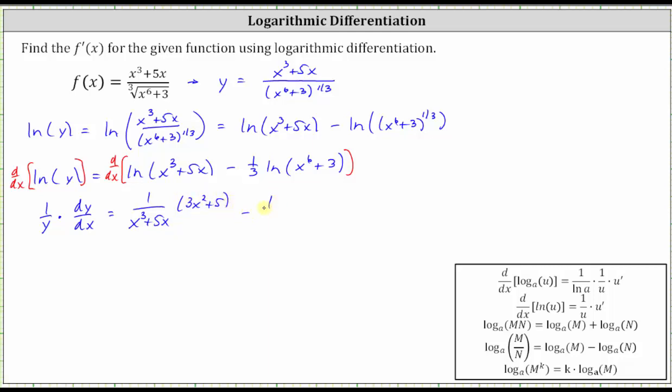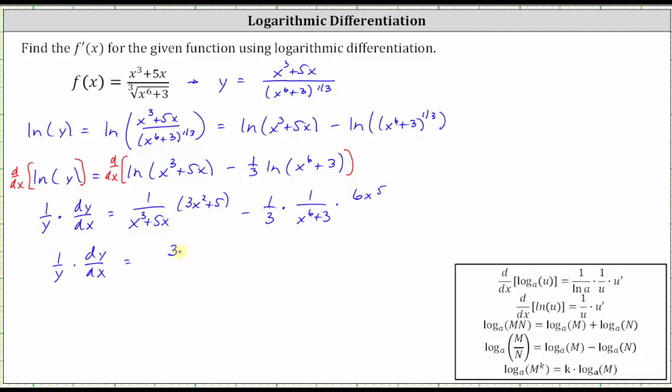Then we have minus 1/3 times the derivative of natural log x to the 6th plus 3 with respect to x, which again is 1 over u times u prime, or 1 over x to the 6th plus 3 times 6x to the 5th. Let's go ahead and simplify on the right. For the first product, nothing simplifies.